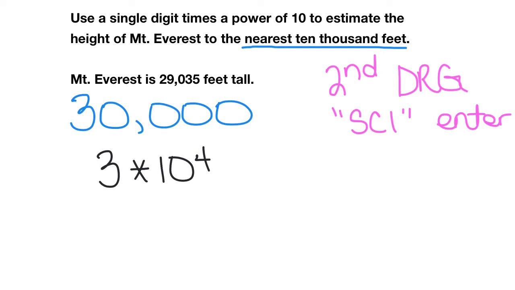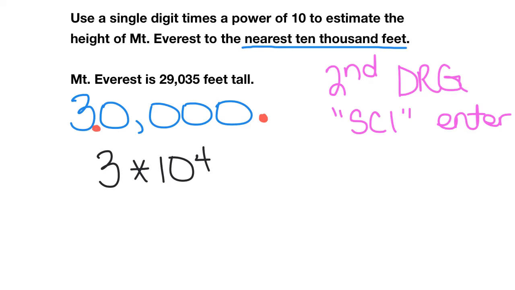First thing we need to do is identify where the decimal is. If you can't find it, it's behind the number. It's 30,000.0, so my decimal's at the end. We need to move the decimal to a place where we have a number that is greater than 1 but less than 10. That would mean moving the decimal to the left between the 3 and the 0.